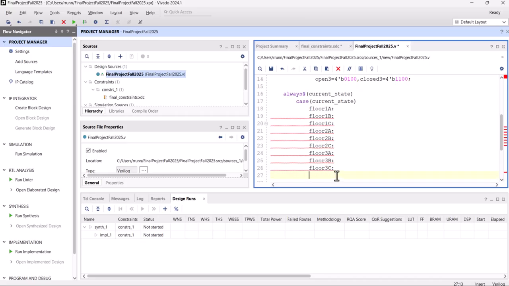And then because we did not use up all 16 possibilities, you do need to make sure you include a default.